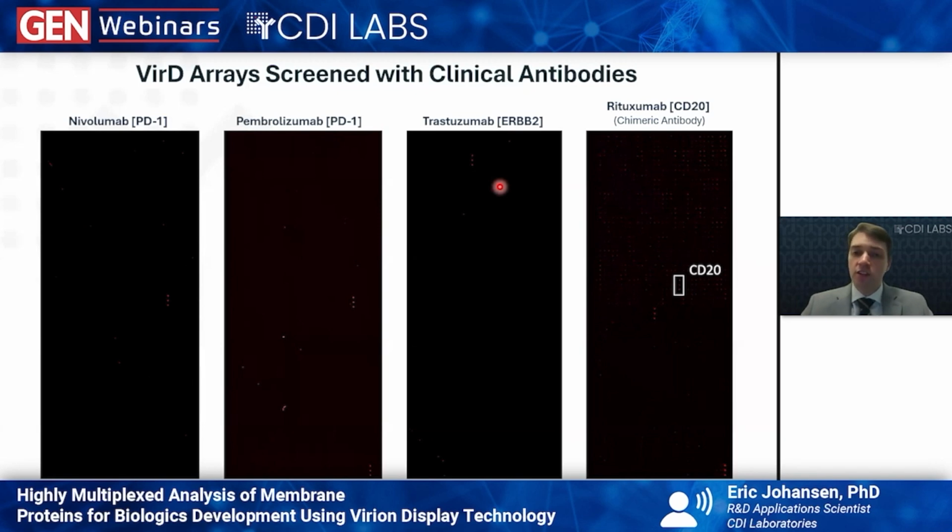We also had at our disposal a clinical aliquot of rituximab. However, this antibody is a chimeric antibody in which it has mouse CDRs with a human Fc region. Our protocols are optimized for detecting the FAB region of IgGs. As such, we couldn't use our optimized secondary antibodies, which is what caused some higher background stain with this particular array.